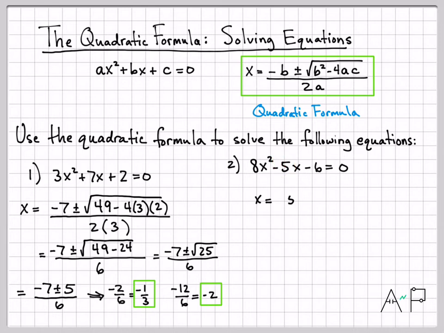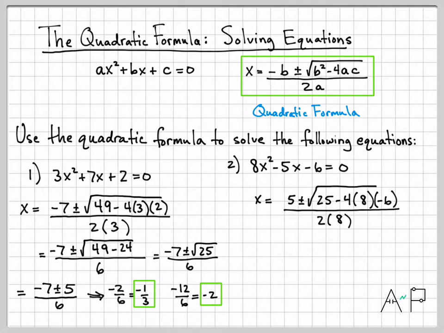So when I negate that, I get a positive 5, plus or minus the square root of a negative 5 squared is 25. Minus 4 times a. A is 8, so I'm going to put an 8 right there. And then times c. C is a negative 6, so I've put a negative 6 right there. And then on the denominator, 2 times a. A is 8, so 2 times 8, I get that right there.